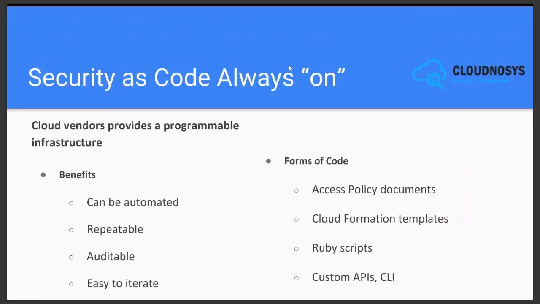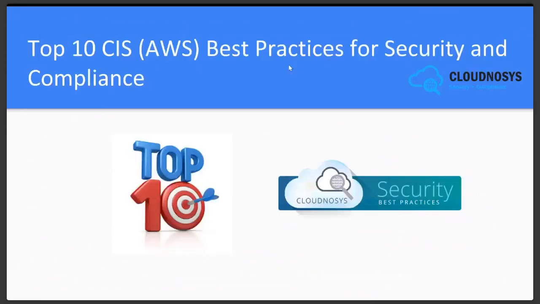And forms of code is anything from CloudFormation templates to Ruby scripts to custom APIs and CLIs, which are part of the CIS framework. So now that you got a flavor of what CIS is, it's really a bunch of controls that are listed in a very programmatic form that you execute in your cloud console, okay, to get an output of what is the posture of, for example, identity and access management users for root accounts.